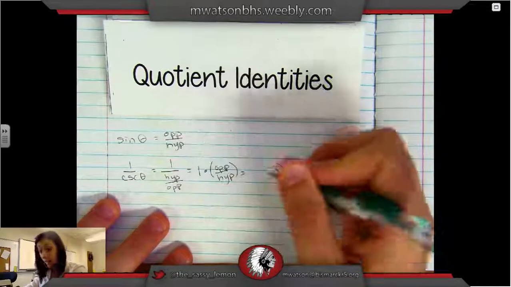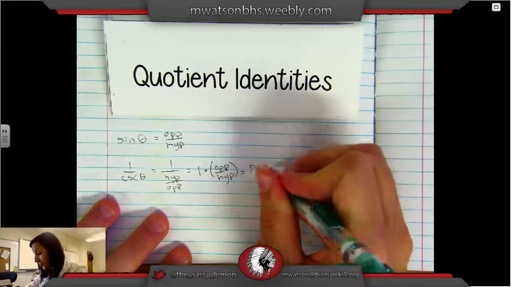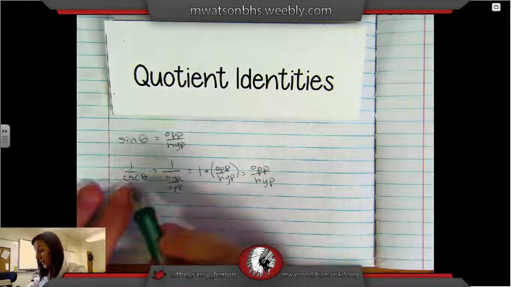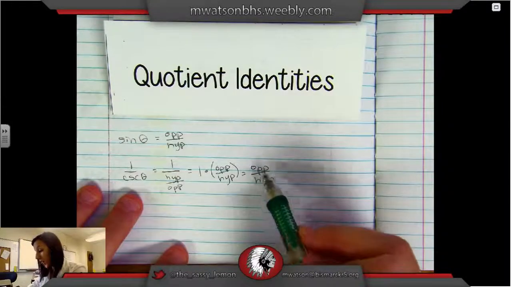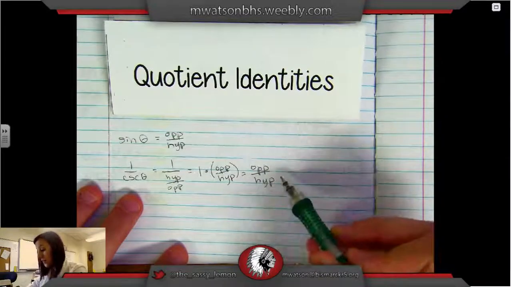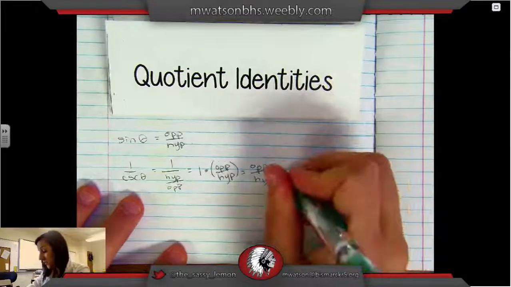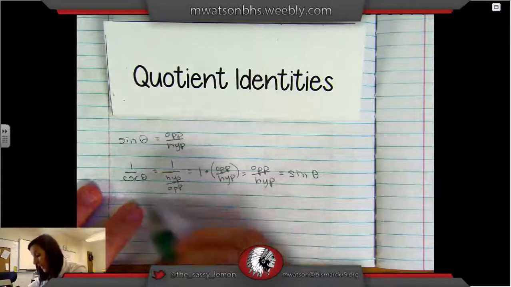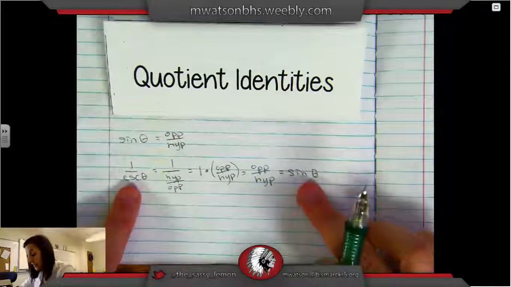And 1 times anything is just itself. And now you see that 1 over cosecant of theta is equal to opposite over hypotenuse. Well, opposite over hypotenuse is equal to sine of theta. So, in a roundabout way, this can be proven.